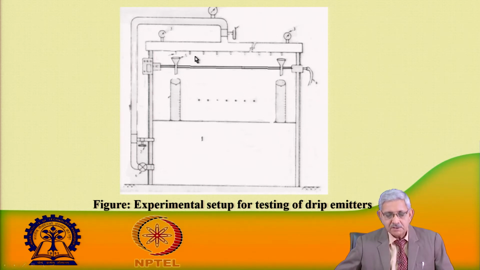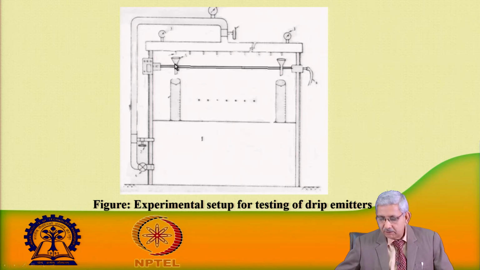So, this is a hydraulic test bench which you see here, the pipeline in which the lateral pipe is attached, and in the lateral pipe these are the drippers which have been shown in the figure. The water is being collected by a measuring cylinder, and the volume of water collected in a given time is measured. So, discharge is estimated. And there is a provision that we can change the position of the lateral line.